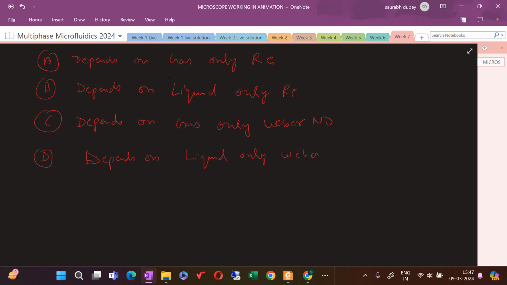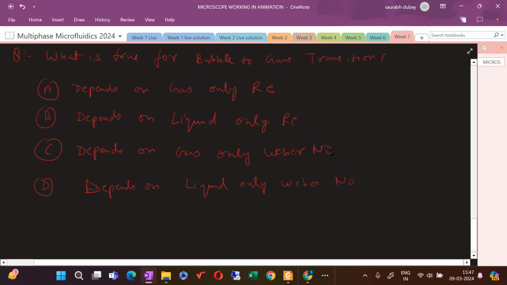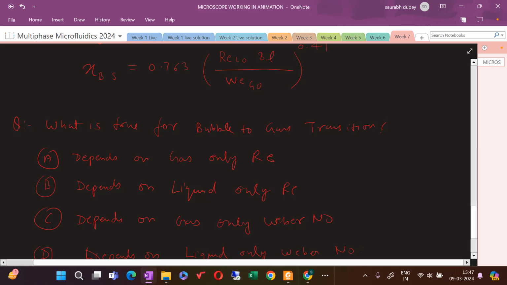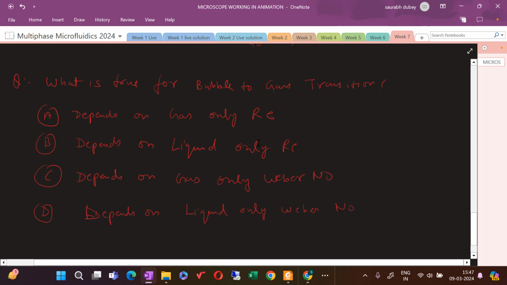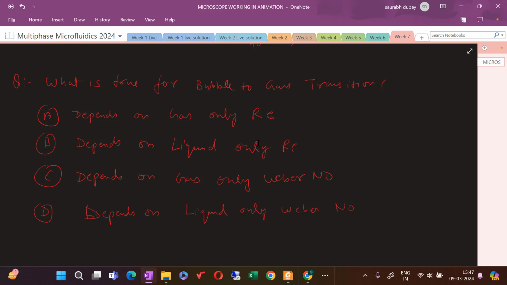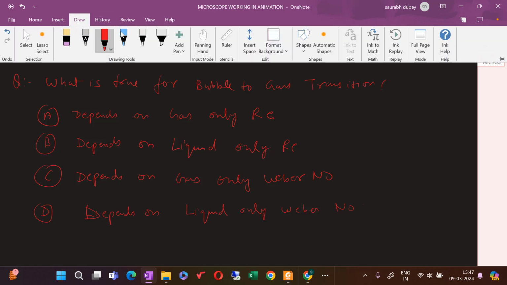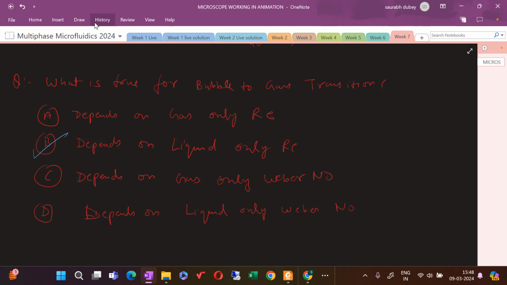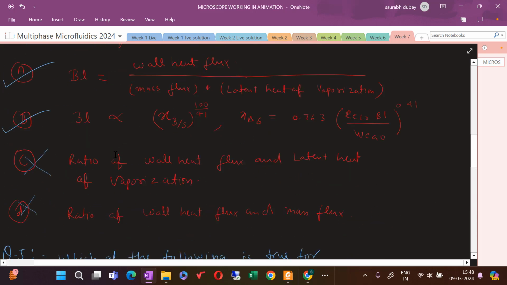So you see how meticulously the question has been framed. In the bubble to sludge regime you have liquid only Reynolds number and gas only Weber number. So the answer is liquid only Reynolds number and gas only Weber number, and also the boiling number, as we have discussed here.